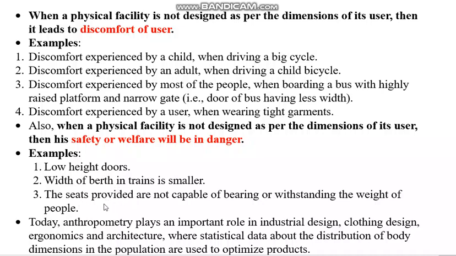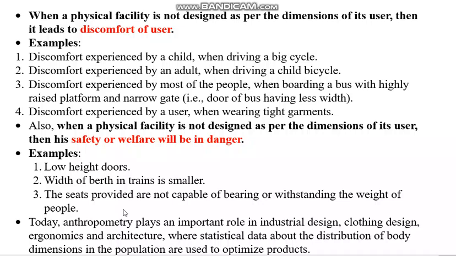The seats provided may not be capable of bearing or withstanding the weight of the people. Suppose the seats are provided but they cannot bear your weight. What will happen?